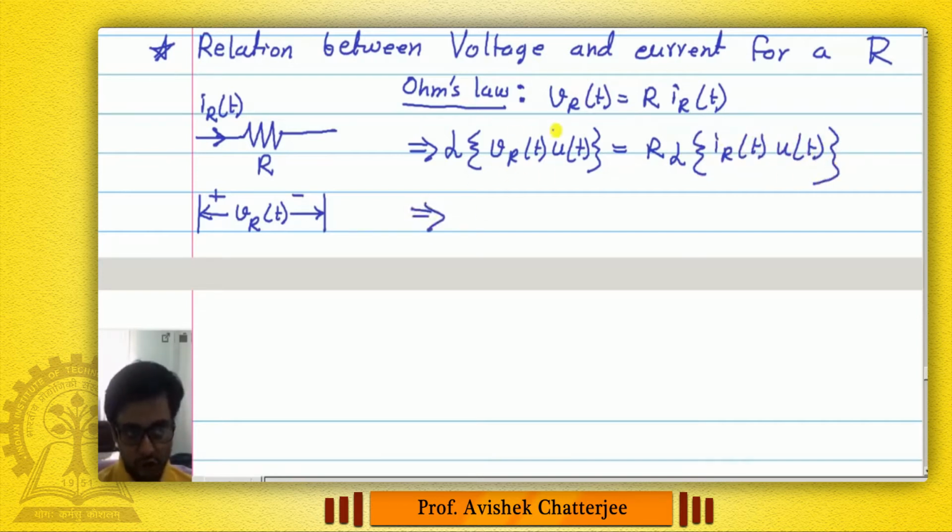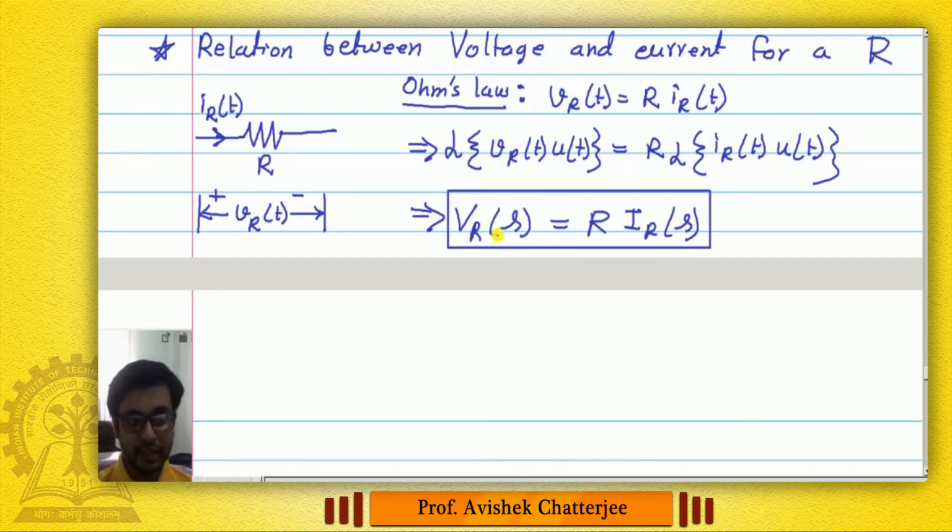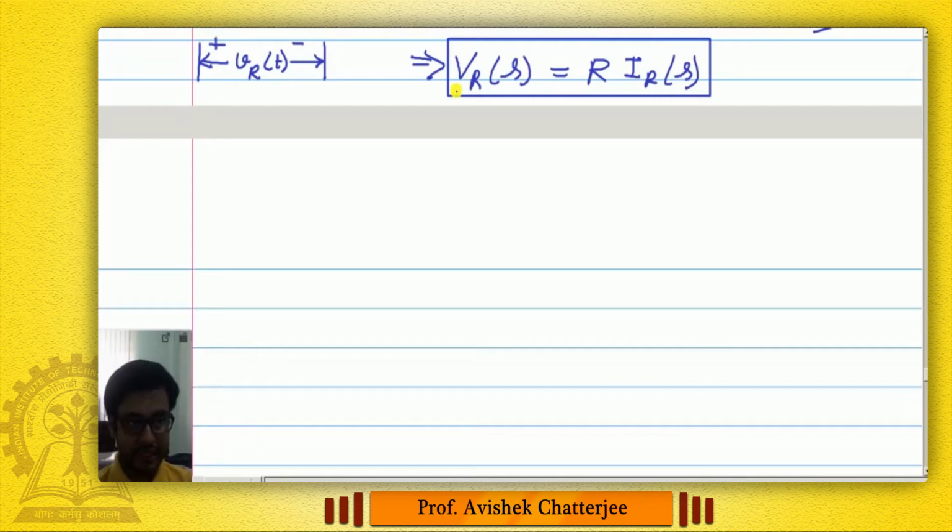That means if we call this unilateral Laplace transform as capital VR(s), then that will be equal to R capital IR(s), where IR(s) is the unilateral Laplace transform of iR(t). So you observe that the relation between the Laplace transform of voltage and current for a resistance looks exactly similar to the relation in the time domain. So it looks exactly similar to normal Ohm's law.